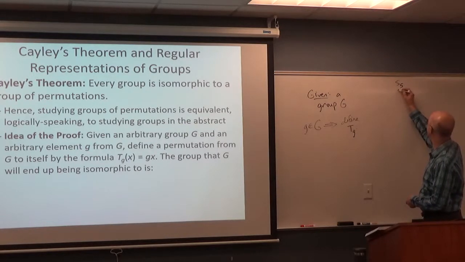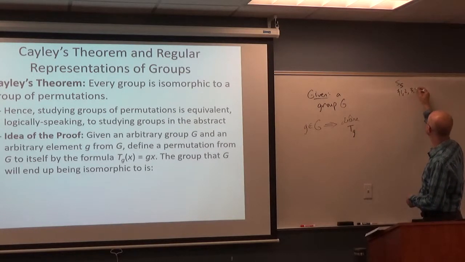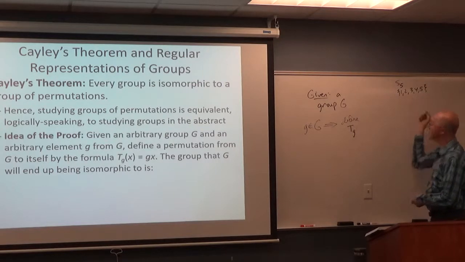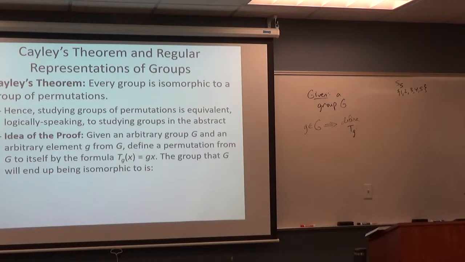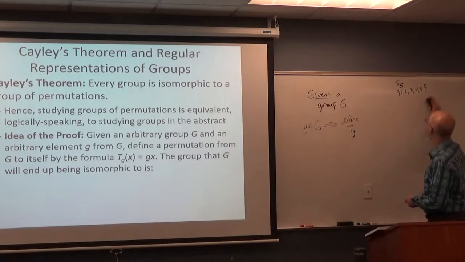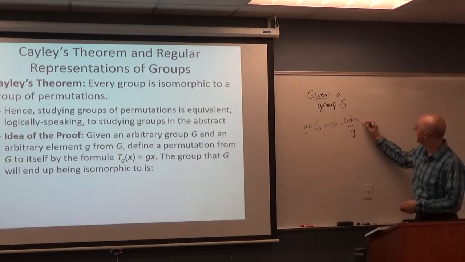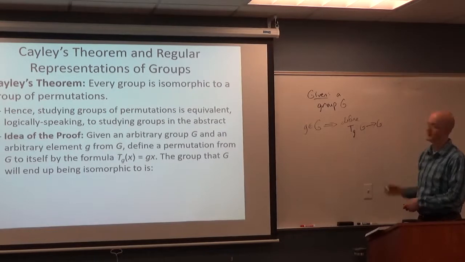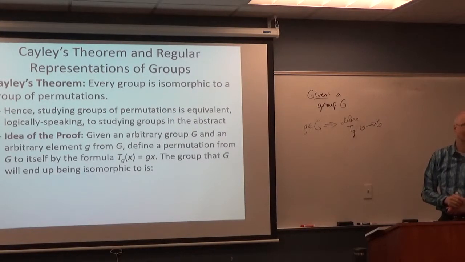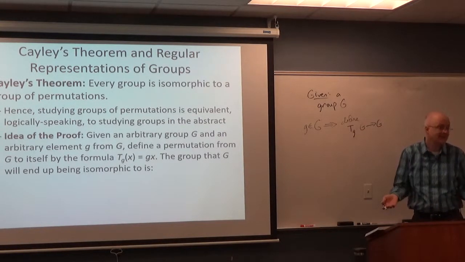In S5, the elements are permutations of this set. You're mapping those objects to themselves. The permutation here is going to map the set G to itself. G is a group, but it's also a set.